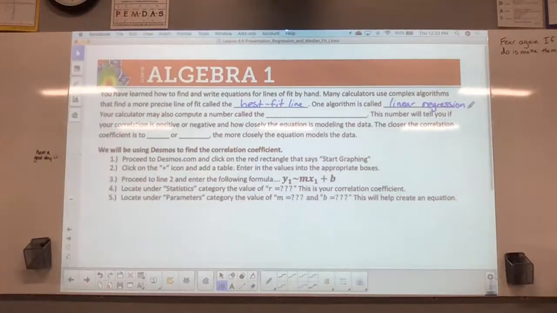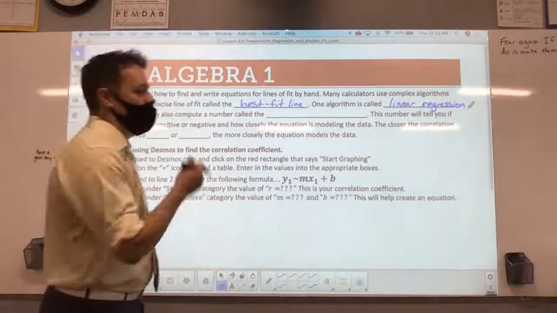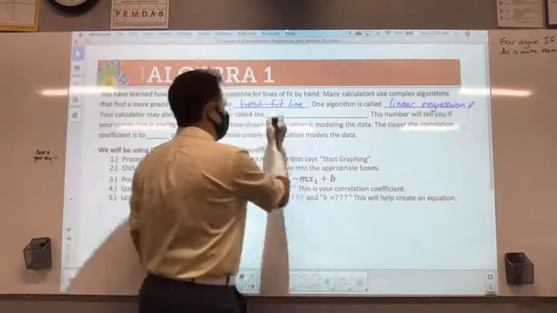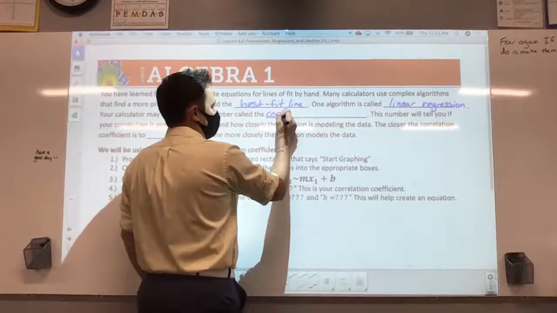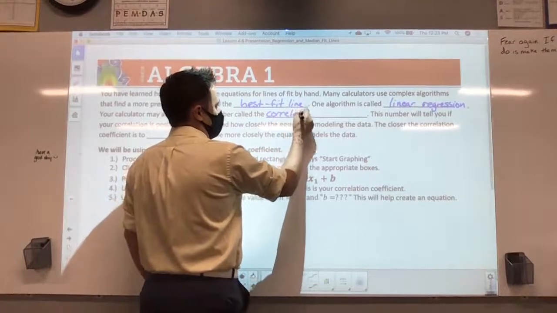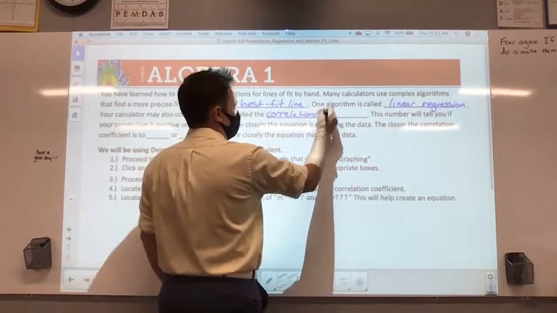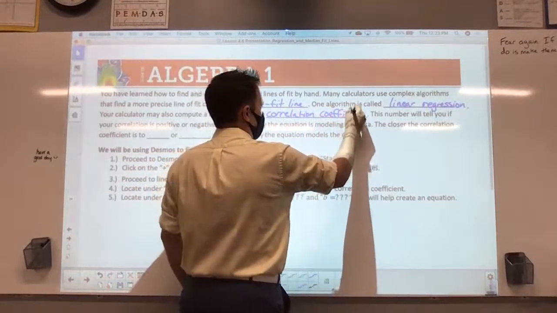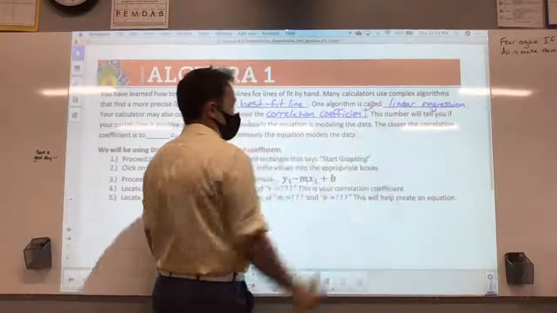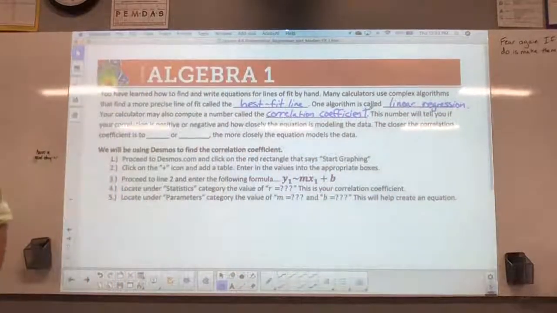Your calculator may also compute a number called a correlation coefficient. I'll show you all these numbers.